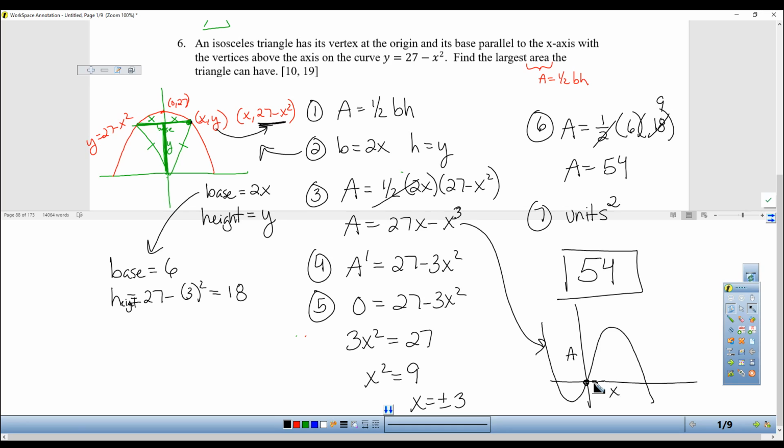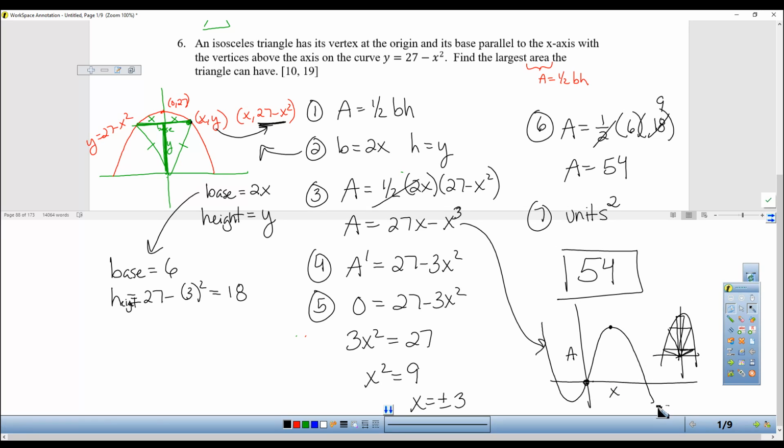As you make x really tiny, you would have a really skinny triangle. Then there's some x that's going to give you the best possible area, probably similar to what we drew. But if you make x too big, you'll have a big long base, but your triangle, because it's being constricted by this parabola, is going to be really short. So the area is going to go back down.